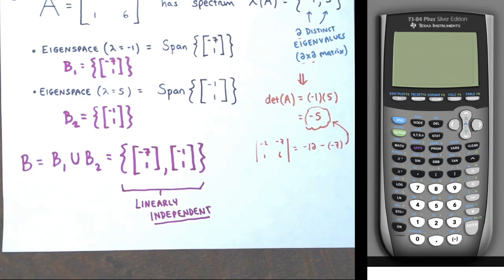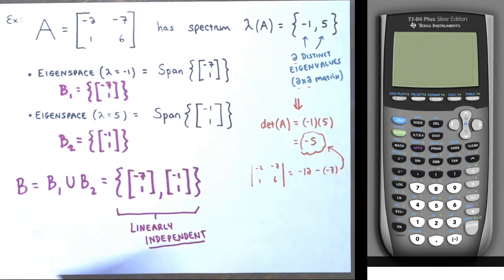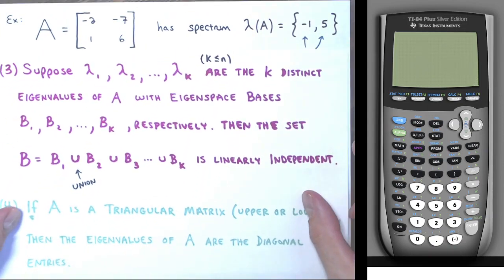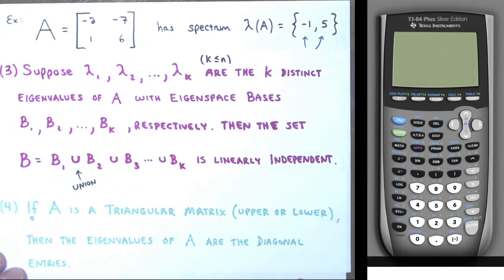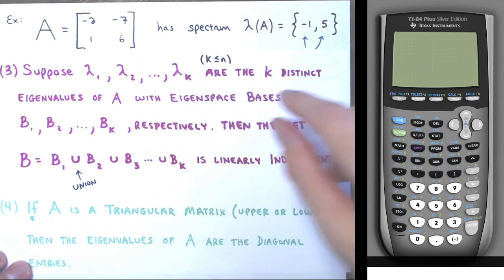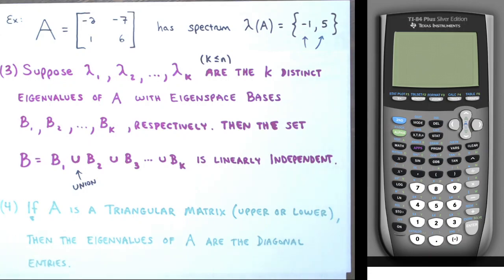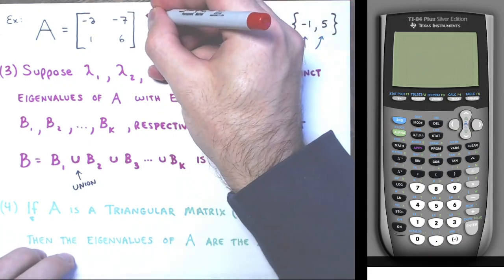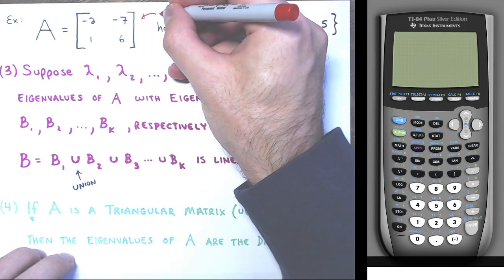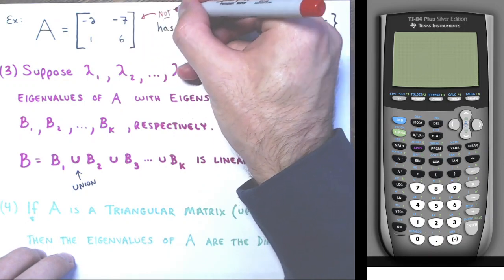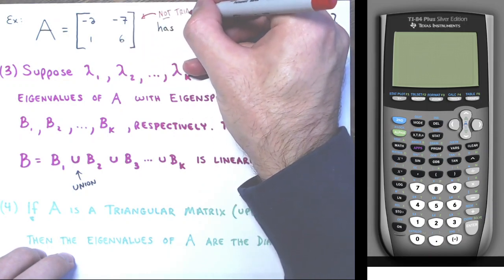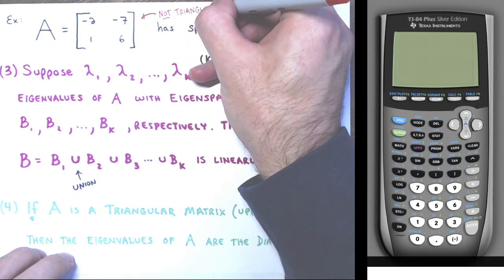Now, so far I've worked with the first 3 statements. Statement 4 does not apply here, because statement 4 starts off with the hypothesis that A is a triangular matrix. This particular matrix A is not triangular. It's not upper triangular, it's not lower triangular.